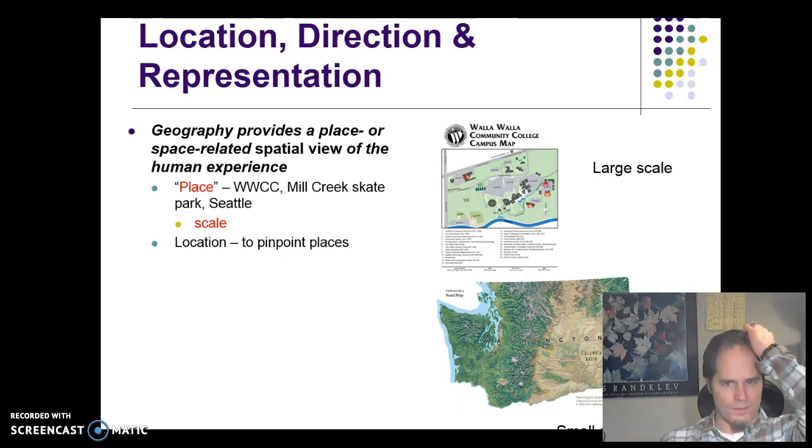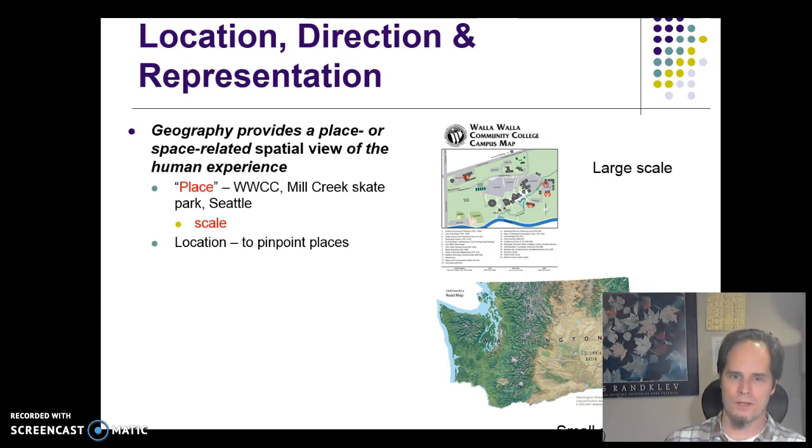And an important related term is when we talk about a place or we talk about a region, we can really apply that in a number of different ways, but we have to be mindful that places and regions have scales, meaning they can be large regions or large places.